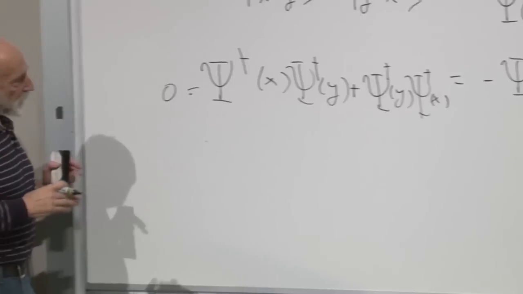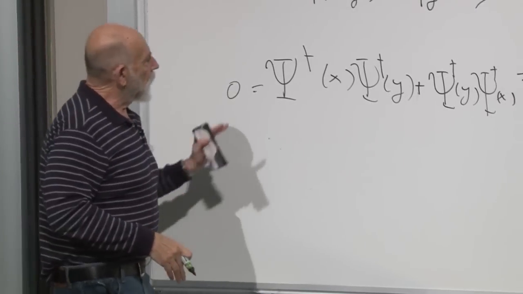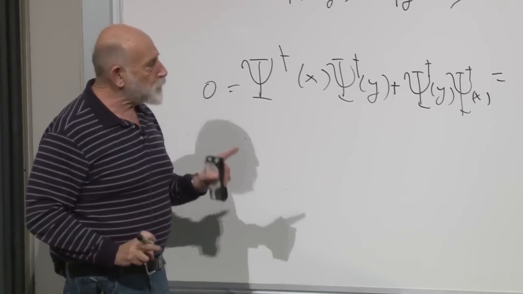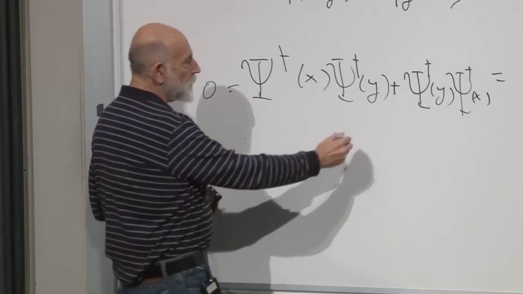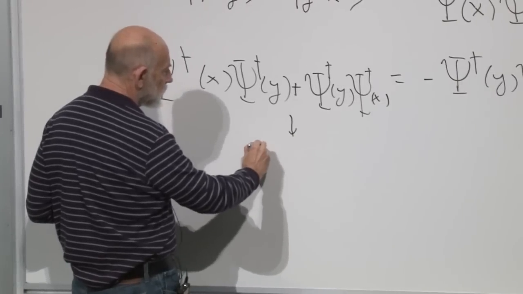This object, if you take two operators and you take their product, and instead of subtracting in the opposite order, you add in the opposite order, that's called the anti-commutator.